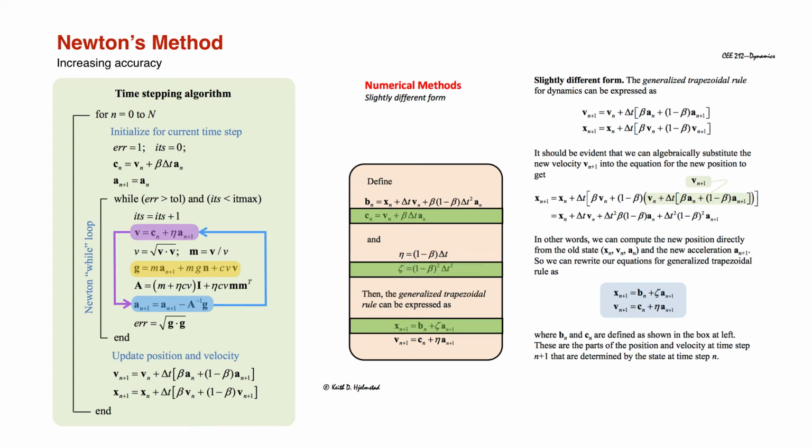We're going to want to use zeta, and then we're going to want to use bn instead of cn. And we can also have an equation of motion that's dependent on both velocity and position. So we're going to want to use both bn, cn, both eta and zeta, and both x and v.